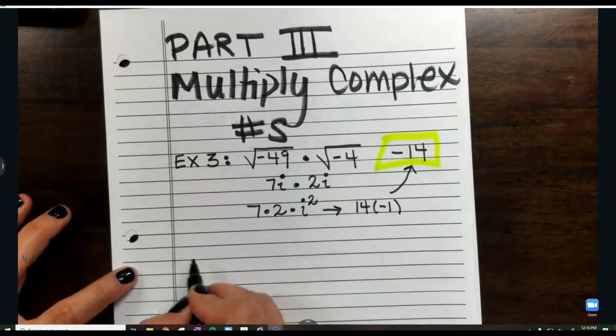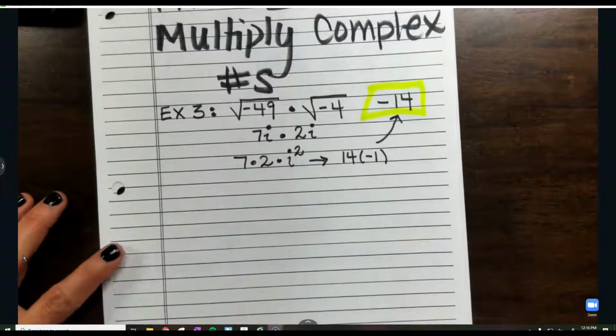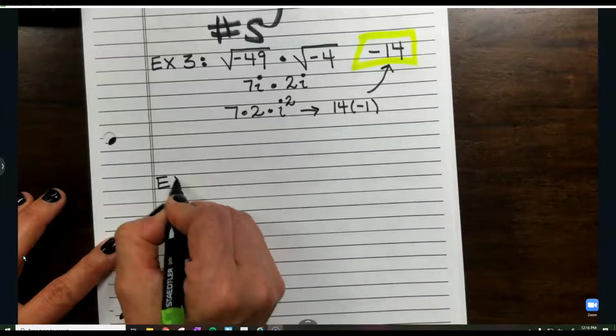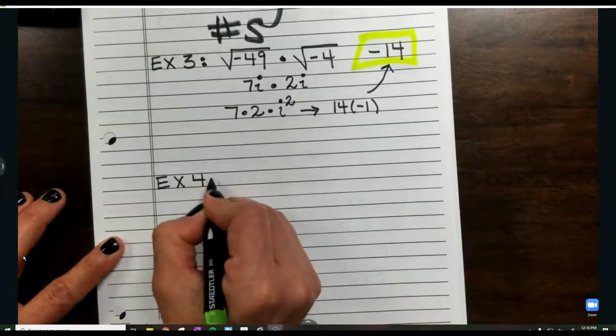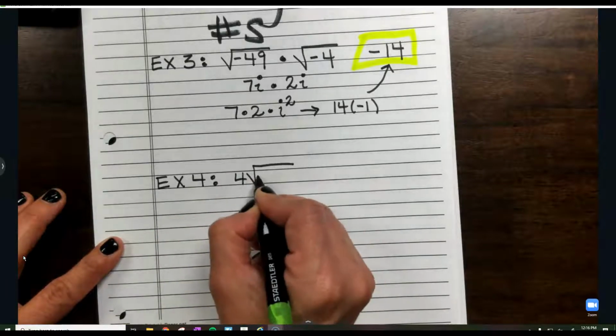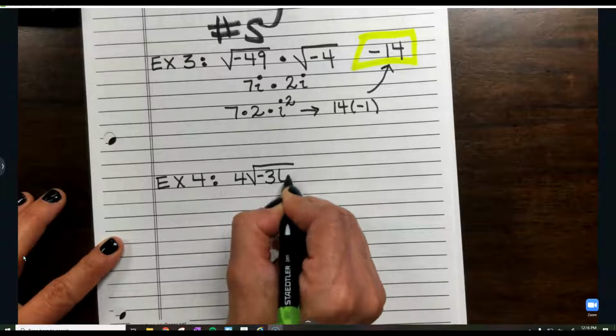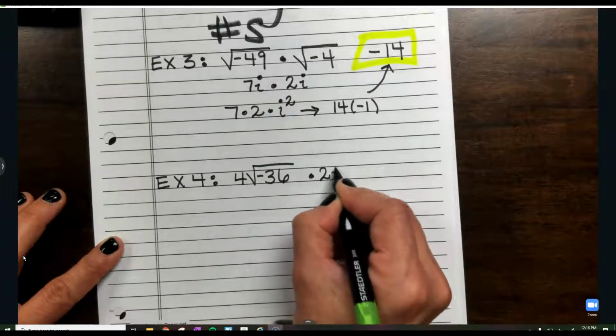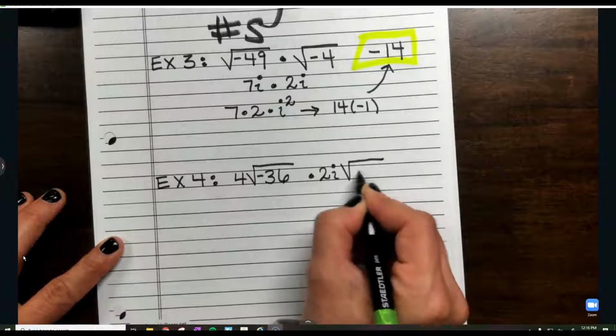All right, let's do it again. Let's look at example 4. So it's going to be 4 times the root of negative 36 times 2i root negative 16.